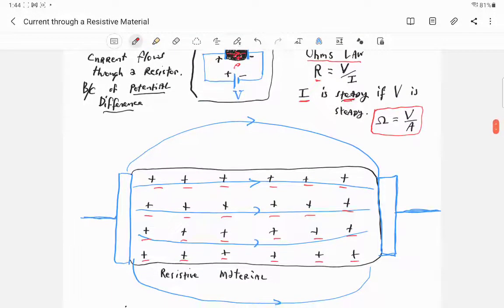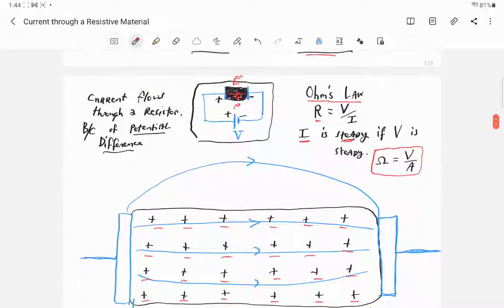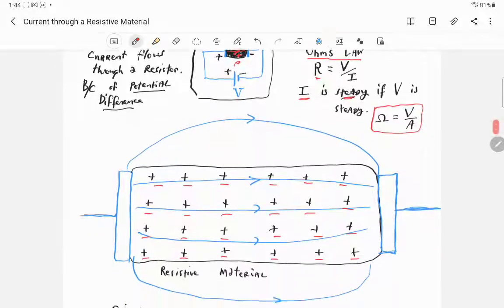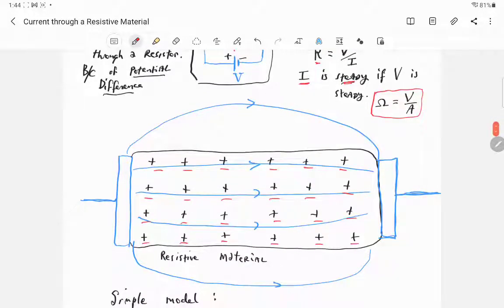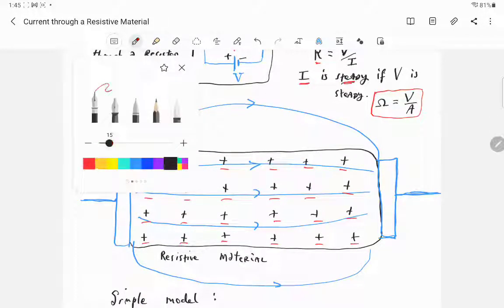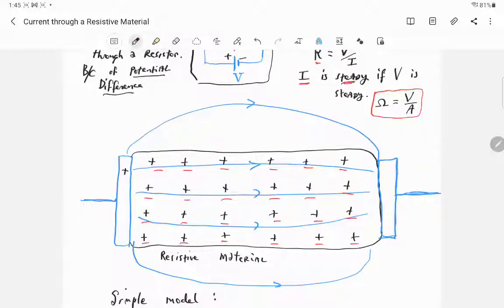So what I've done is I've drawn a picture of this resistive material between these two oppositely charged conductors. So we'll say that the conductor on the left-hand side has the positive charge, because this is where the electric field lines are coming from. And the conductor on the other side has the negative charges, so the field lines are going from positive to negative, just like you're used to, right?